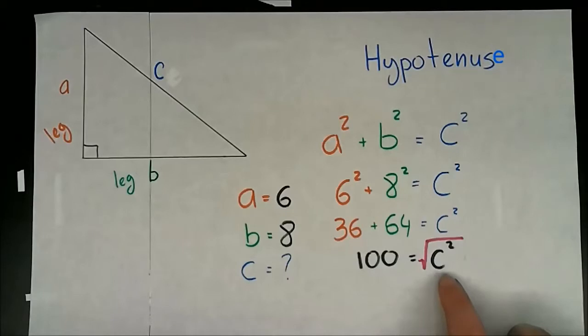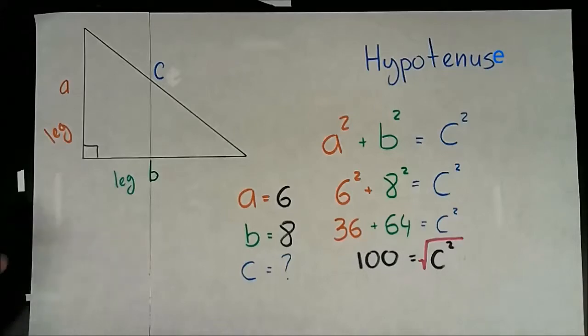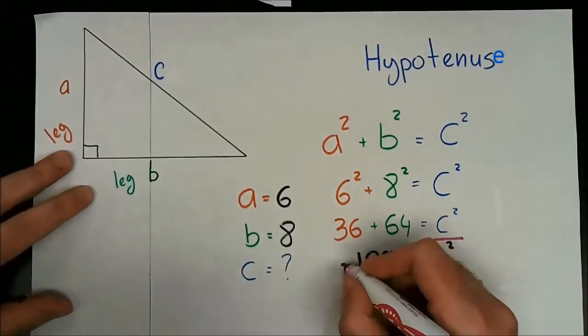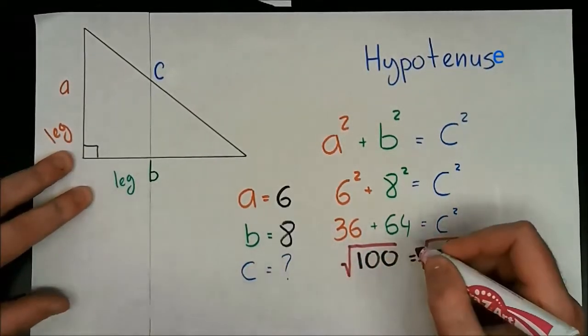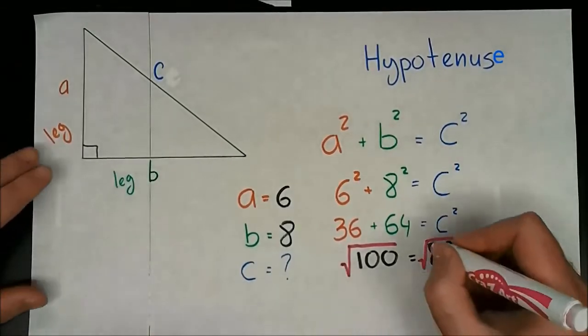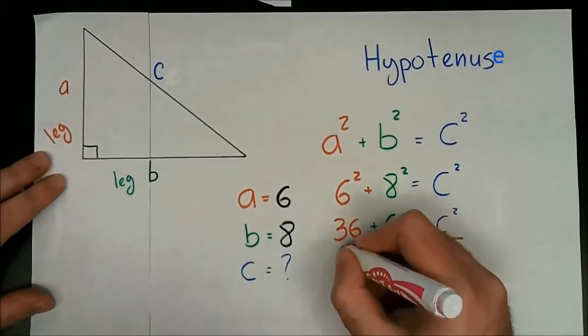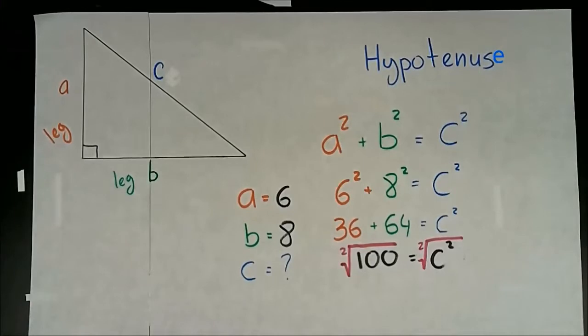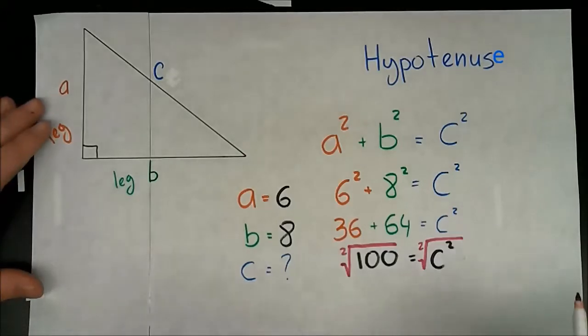But I can't just do this to one side and leave the other side undone, because that unbalances it. So I also have to take the radical, the second power, from the other side as well. And remember, there's always that 2 there, even if we don't write it. Okay, this seems like it's going to work out after all. So let's see here.